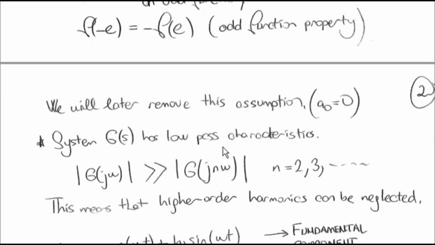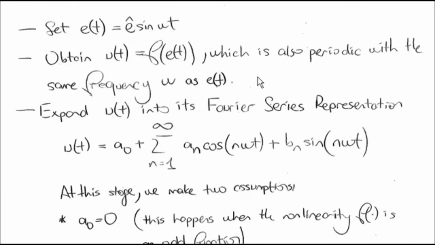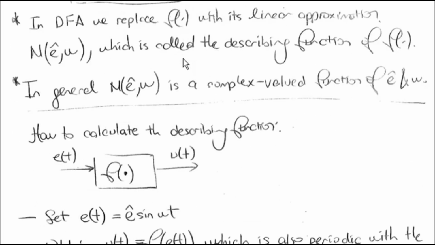The second thing that we are assuming is that G(s) has some low-pass characteristics. That means that here there will be a fundamental component and there will be higher-order harmonics. We are going to assume that this system G(s) attenuates all of the higher frequencies much more than the fundamental frequency.